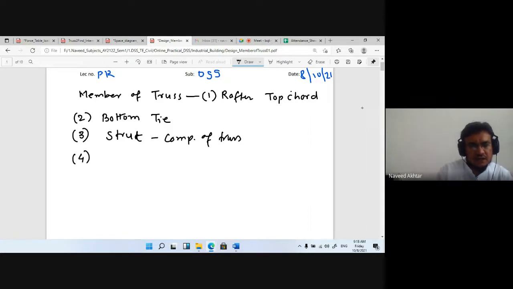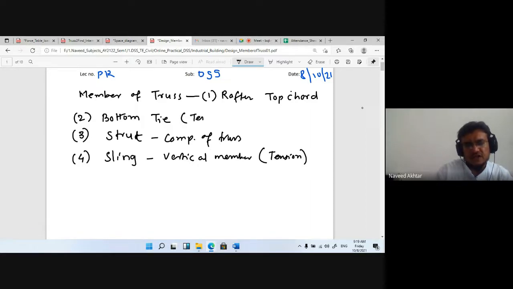And the ceilings are the vertical members, generally in tension due to gravity load. The bottom tie is also in tension due to gravity load, and the rafter members are in compression due to the gravity load.